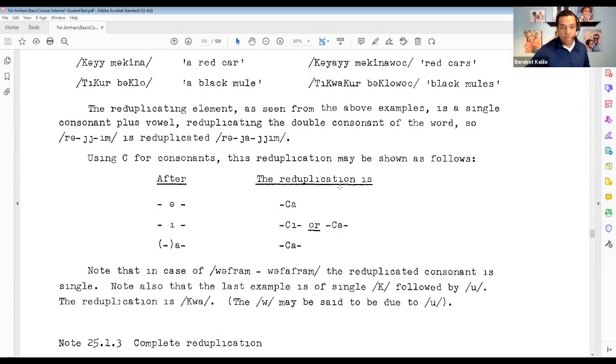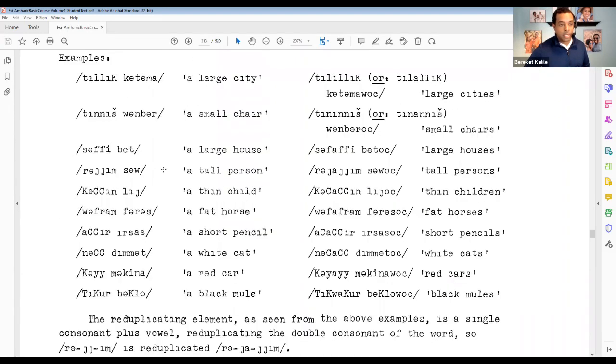And as you can see from the table below, it gives you the vowel distribution and what happens in the reduplication, depending on what type of vowel it comes after. And we can take a look at the list here. Safi bet becomes Safafi betoch.